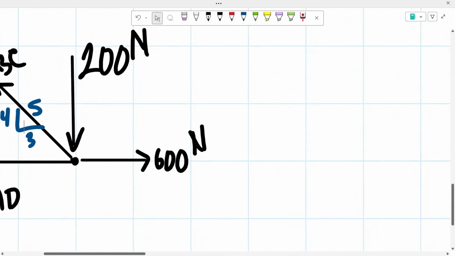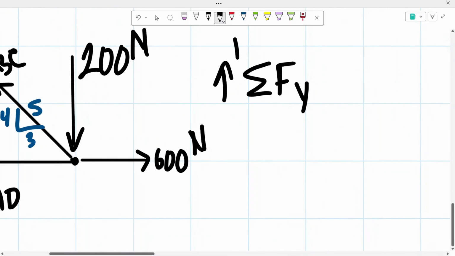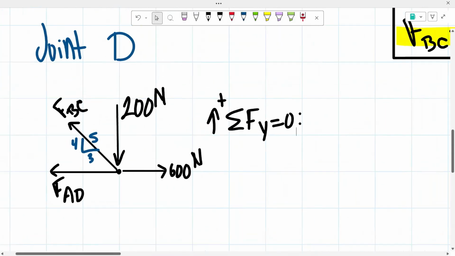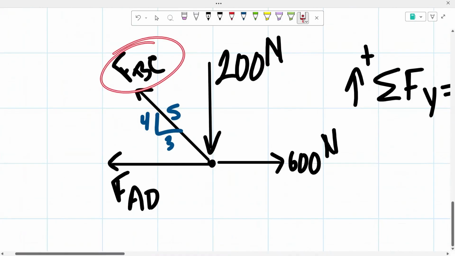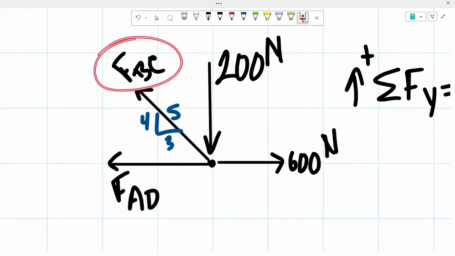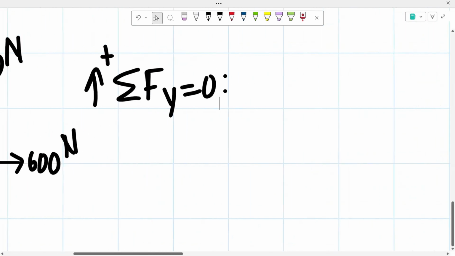Okay, so now I'm going to be taking the sum of the forces in the Y direction. From here we know that force BD has a vertical force. To determine that, we're going to multiply force BD by 4/5, because we're trying to determine the vertical component of it, and the hypotenuse is the force that we know.